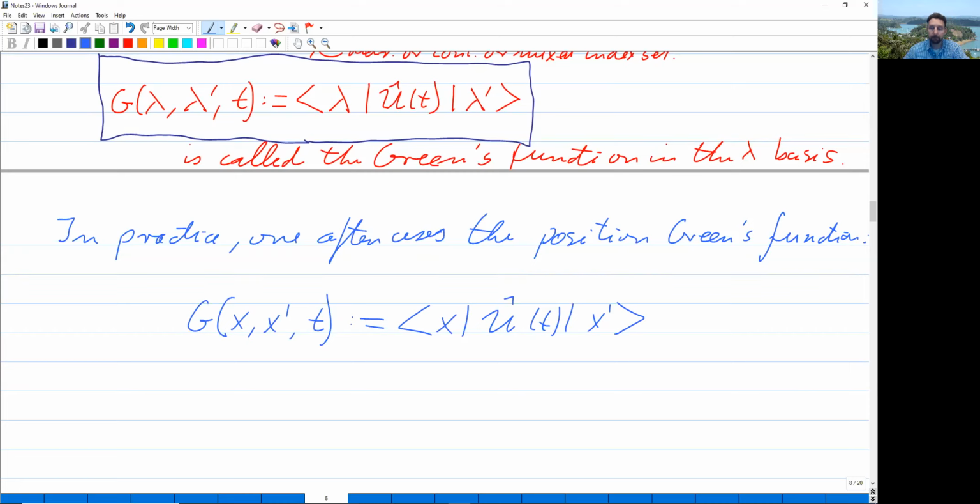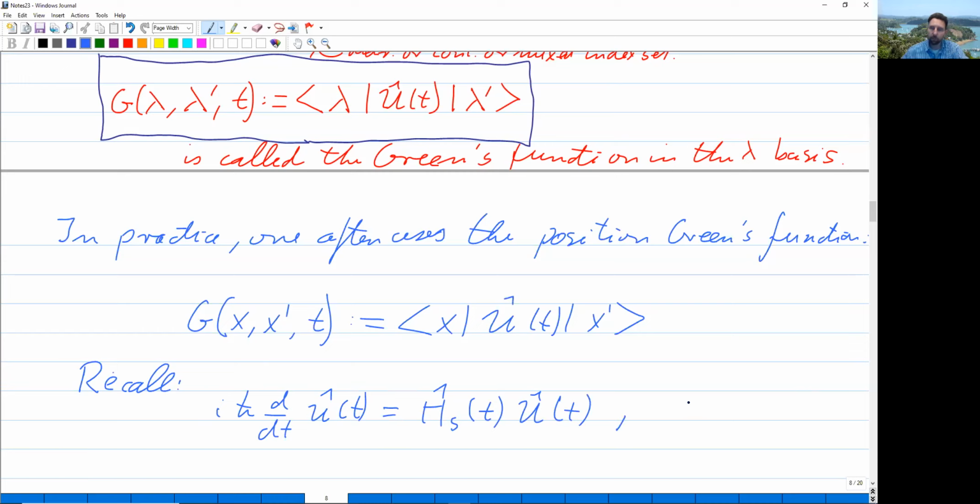Now, what does this mean? What does the dynamics of the time evolution operator mean for the dynamics of the Green's function? So recall, what we have is that our u hat has to obey i h bar d by dt of u hat of t equal to the Schrodinger picture Hamiltonian acting on u hat of t.